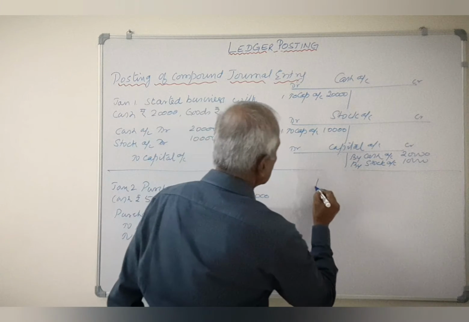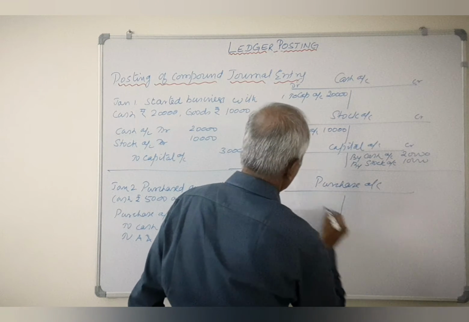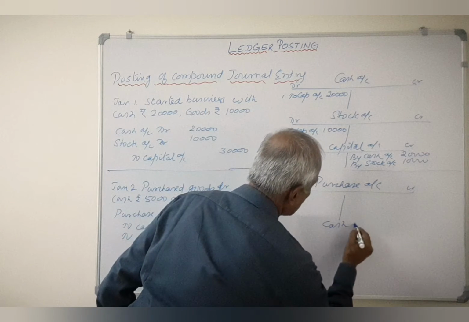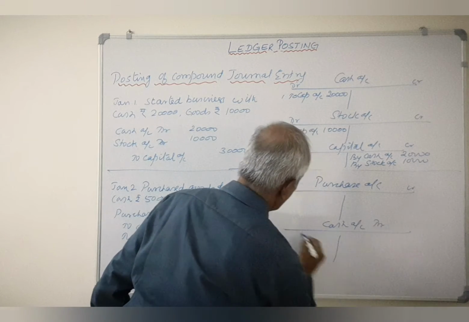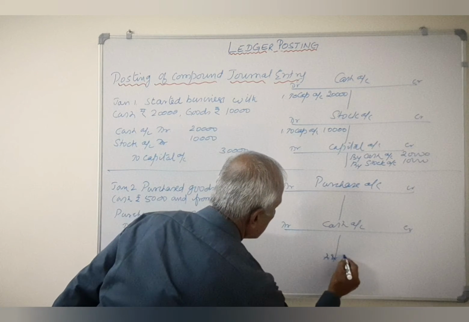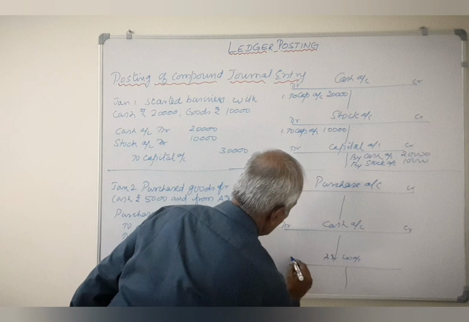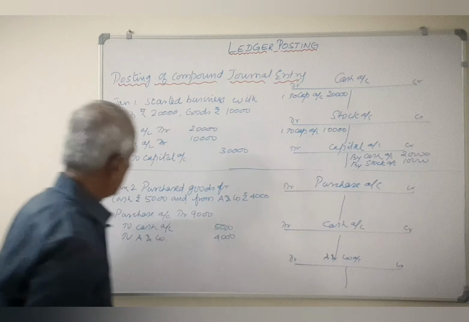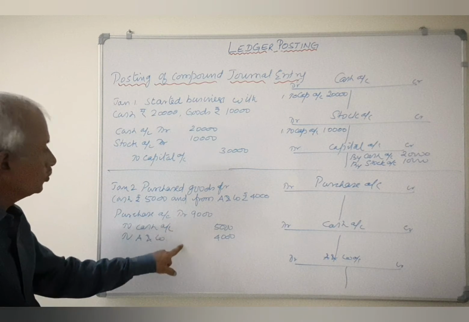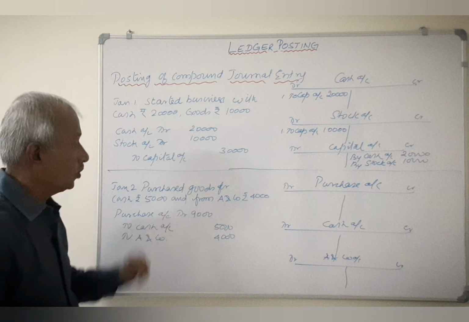So let us open purchase account, debit side, credit side, then cash account, debit side, credit side, then AN company account, debit side, credit side. Now on the debit side of the purchase account you have to record 9,000, but there are two accounts involved, so let us write the names of both the accounts to get the total 9,000.